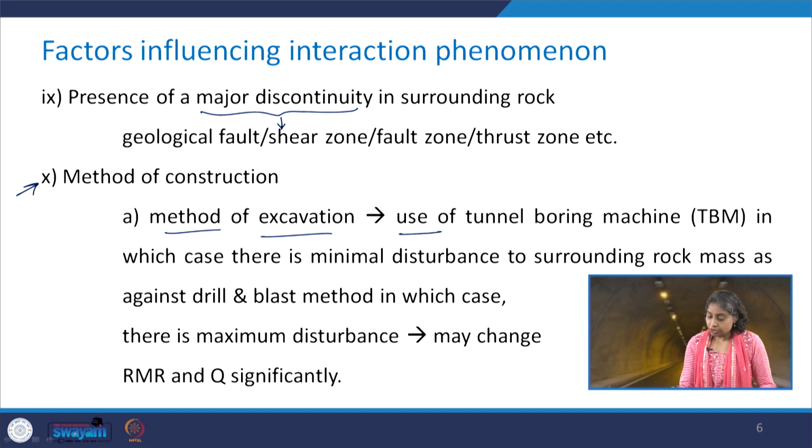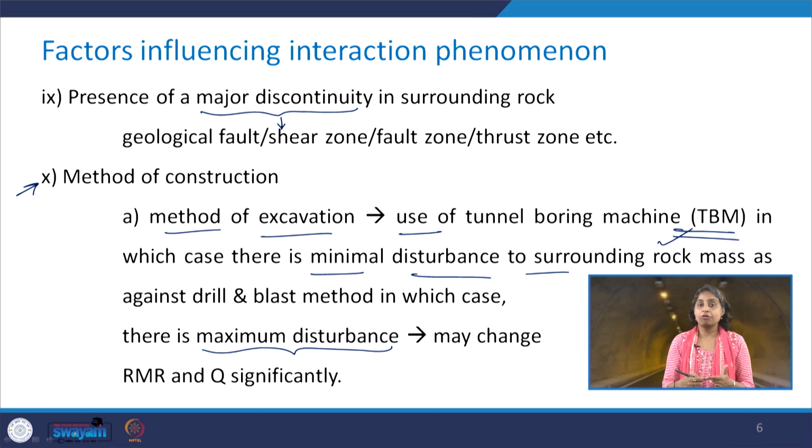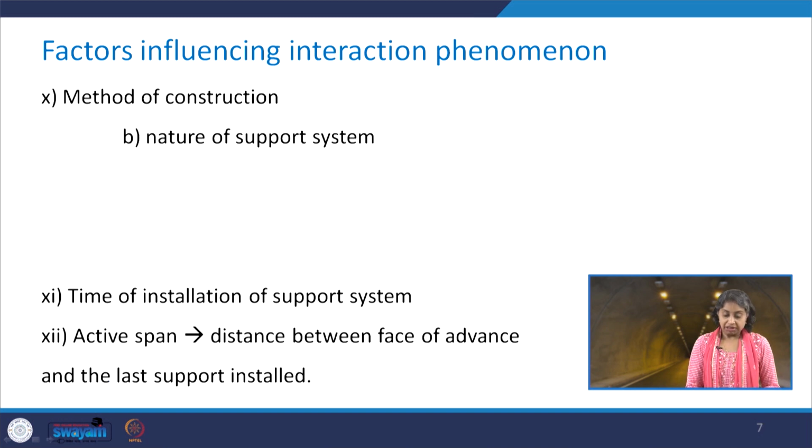Basically, with the use of TBM there is minimal disturbance to the surrounding rock mass as compared to the drill and blast method, where there is maximum disturbance. So when we go for the drill and blast method of excavation, there is going to be the maximum disturbance in the surrounding rock mass, and this may change RMR and Q of that rock mass significantly. So these factors influence the interaction phenomenon.